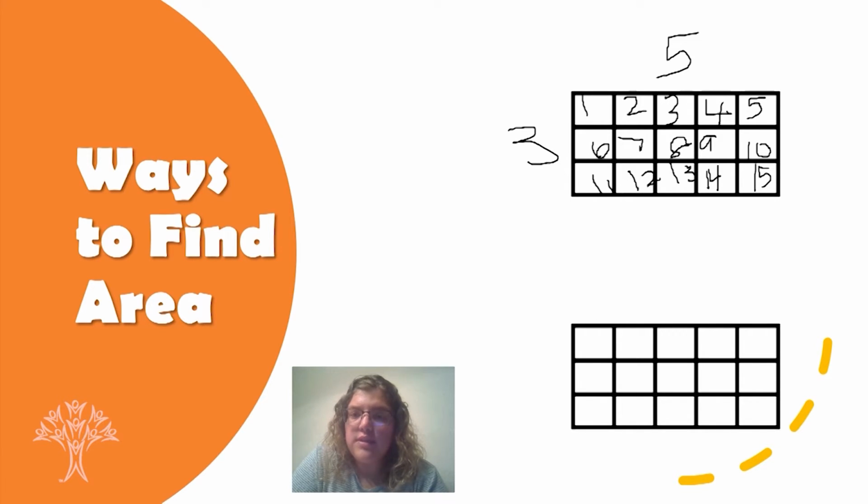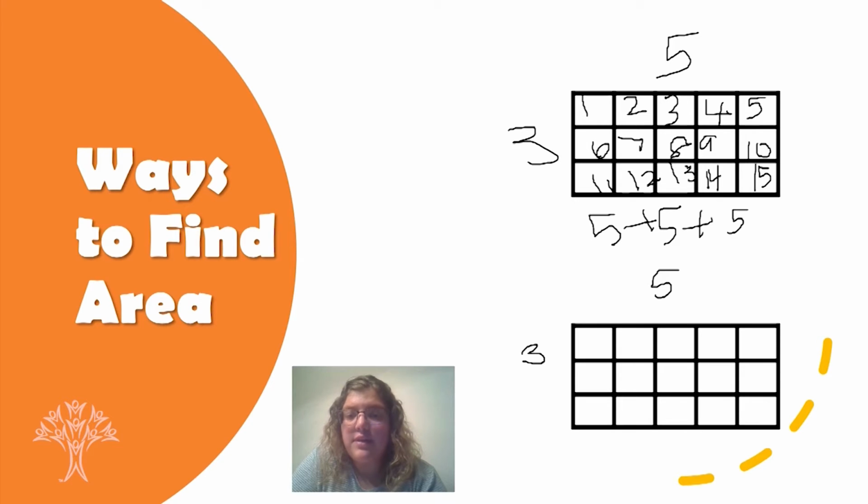Now if I told you this lower square also had 3 rows of 5, would you believe me? They look close to the same size. Another way I can go about solving this is just multiplying. I have 3 sets of 5. I could add 5 plus 5 plus 5. Hopefully you remember that repeated addition also gives us multiplication. So 3 times 5 equals 15. That's the same number we got up above.